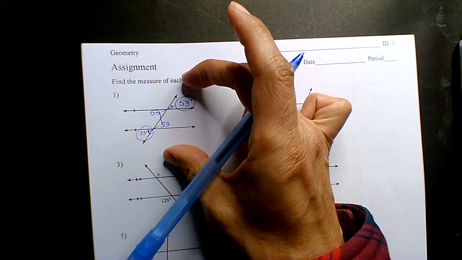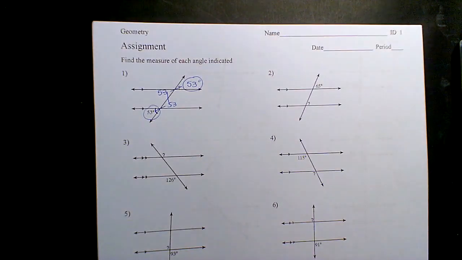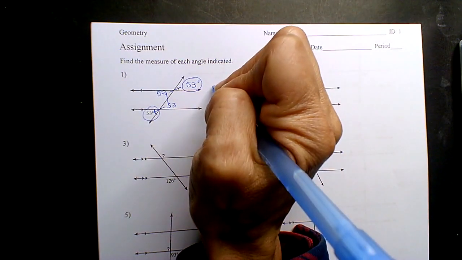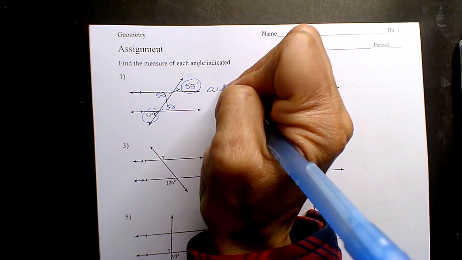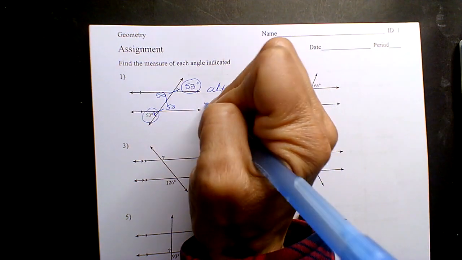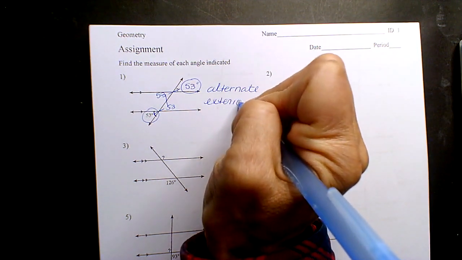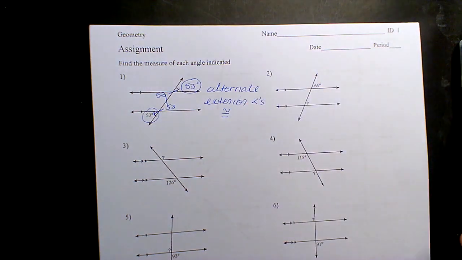It is outside of the parallel lines and they're alternating over the transversal. So what's that angle measure name? Anyone know? Alternate exterior angles. Remember, those are equal, they're congruent, right?